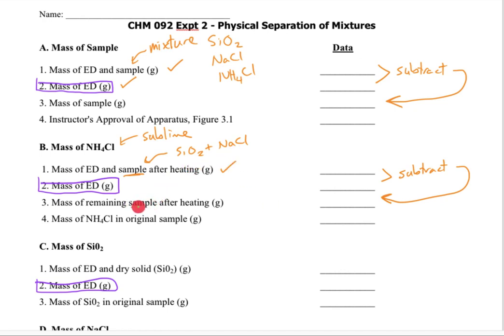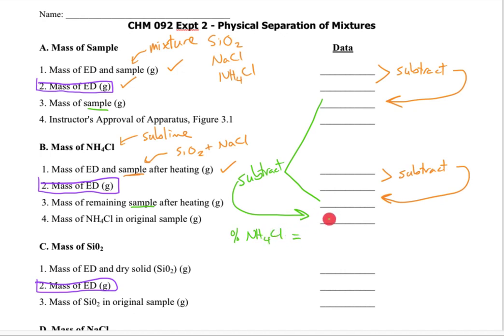Now, if this sample contains 2 components, this sample contains 3 components, well, if I subtract those 2, then what I'm going to get, what's left over, that's the mass of my ammonium chloride. Once I have that data point, I can actually calculate the percent of ammonium chloride that's in my sample.